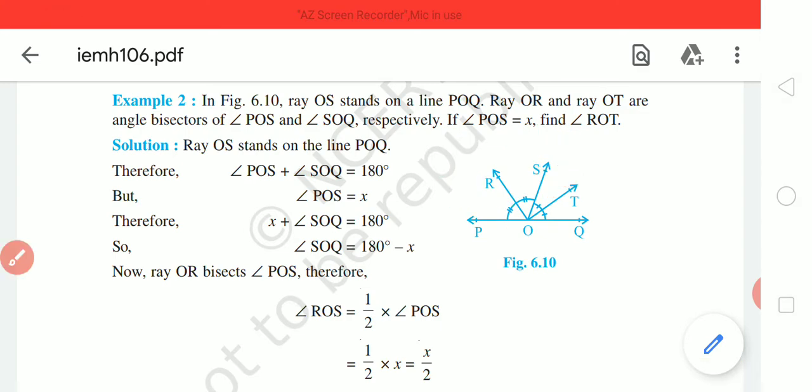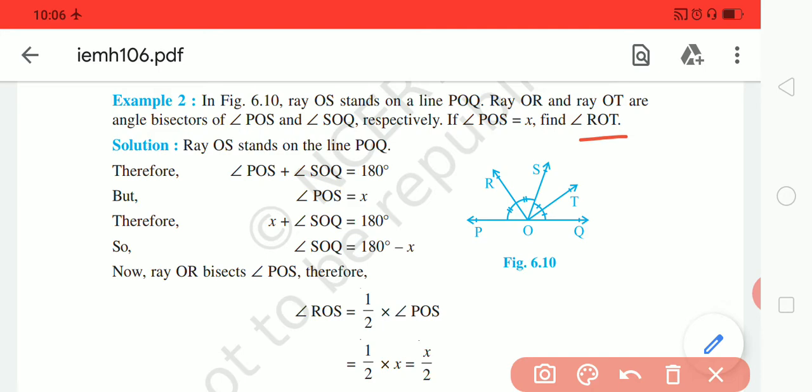So what do we have to find? ROT. This is your angle ROT that we have to find, right? So let us start. I'm taking this POS and SOQ.